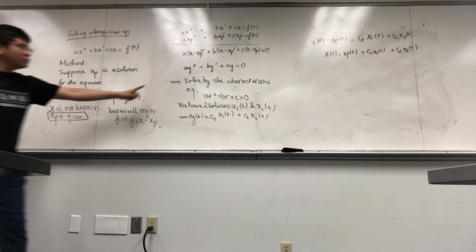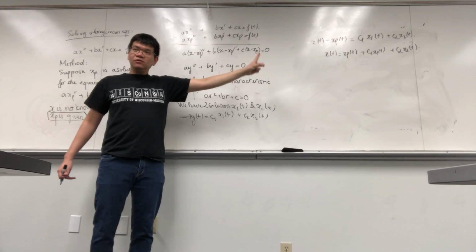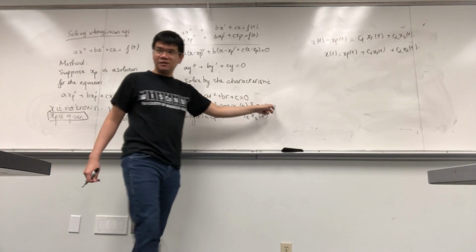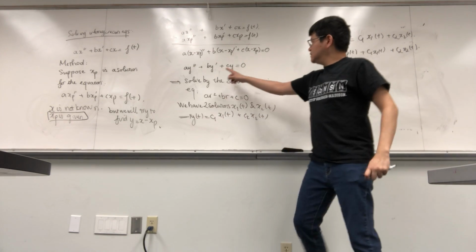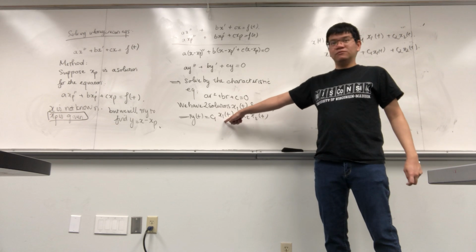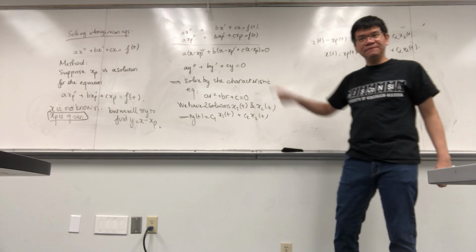This difference will be the solution of the homogeneous equation, right? And you know how to solve the homogeneous equation because you know the method of characteristic. Basically, the difference between x and xp will be c1 x1, which is one solution of this guy, and c2 x2, which is another solution of this guy.